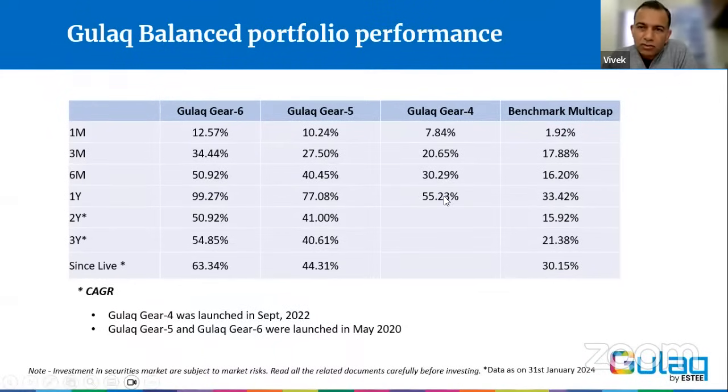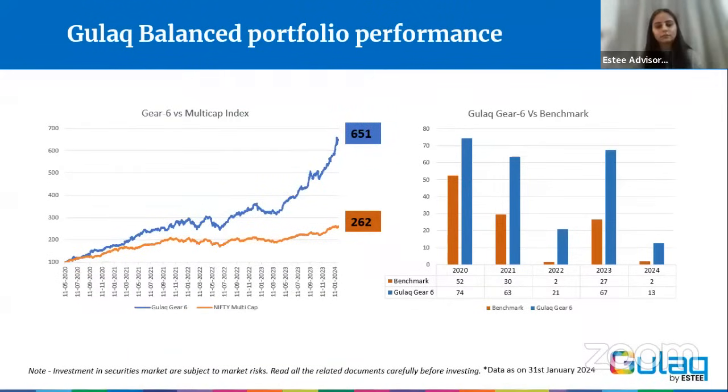So in case of a drawdown, what we'll expect is, let's say the benchmark, if it maybe falls down by say about 10%, I would expect Gulaq Gear 4 to fall down maybe about just 2, 3, 4%, somewhere in that range only. That would be the expectation. So much lesser drawdowns overall, and performance, you can see. This is the last 1 year performance.